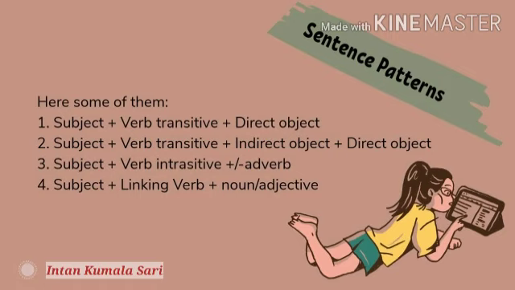For example, I just sent you an email. The next sentence pattern is subject plus intransitive verb plus or minus adverb. For example, he speaks slowly. And the last one is subject plus linking verb plus noun or adjective. For example, he is a singer.